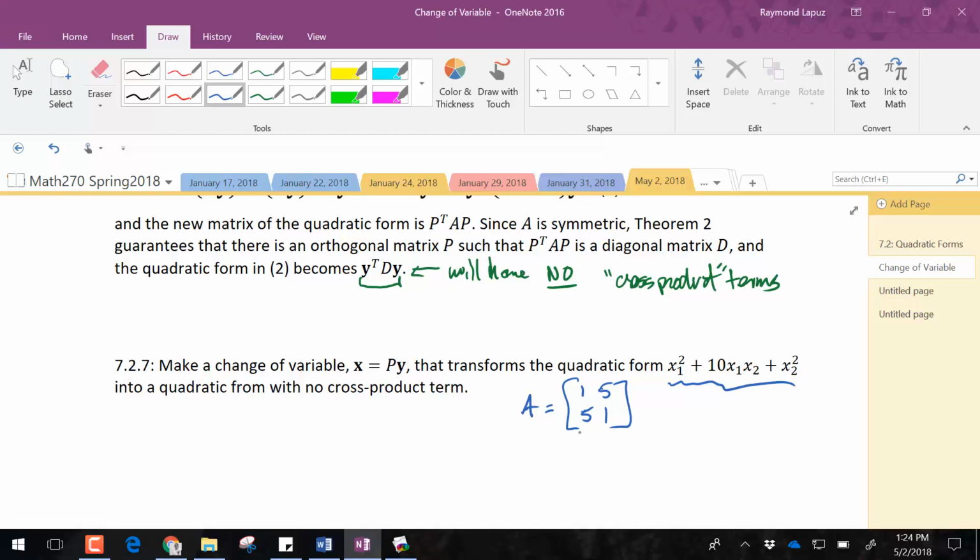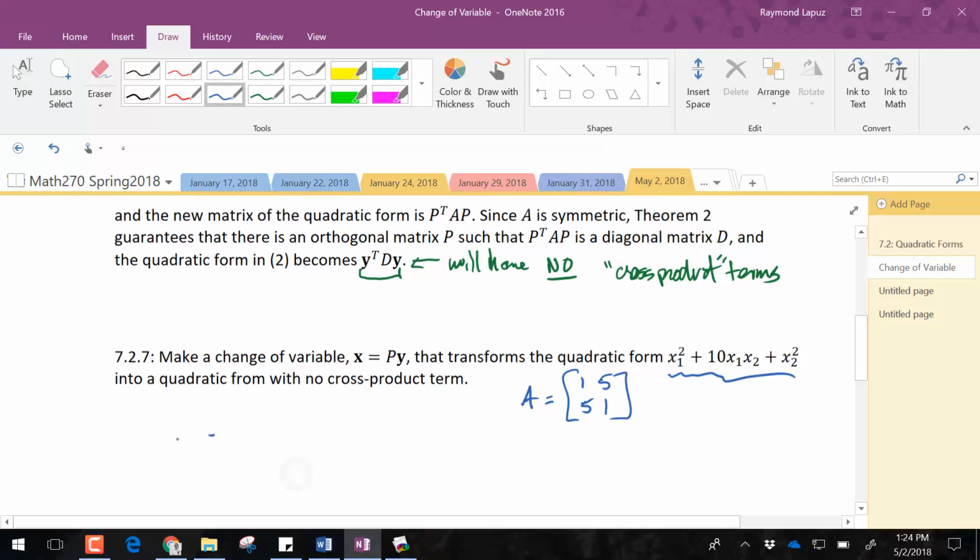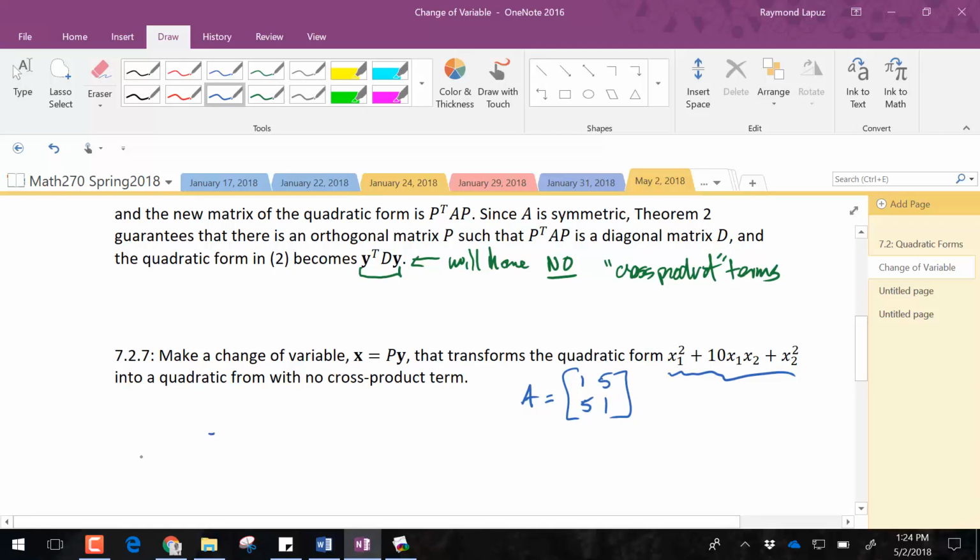Should we do this by hand or should we call on our great Mathematica gods to help us? Do it by hand? You're just going to waste time then. All right. So how do you find it again? I think it's A minus lambda I or something.